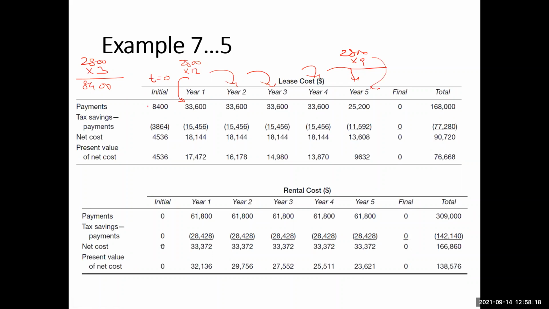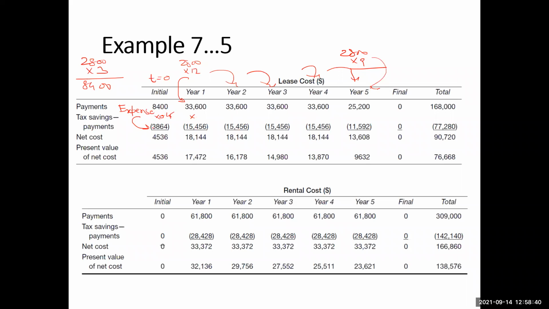Since these are the expenses, the tax savings on the payments are multiplied by 0.46, so you will get these values.